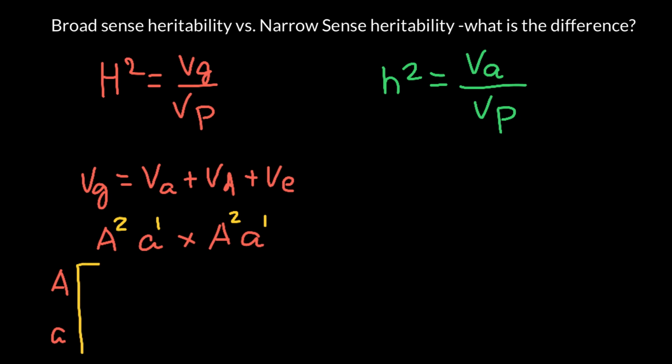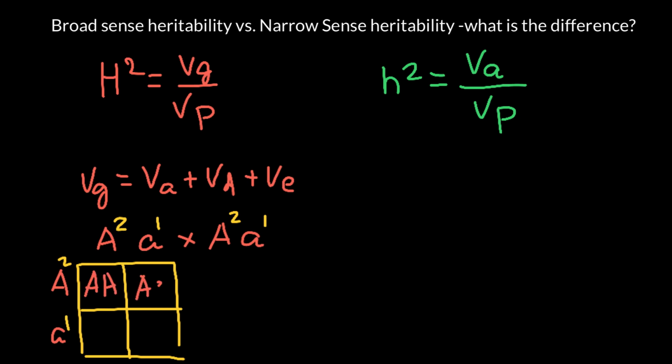Now let's make a Punnett square, and let's see what results such a cross produces in the next generation. Once again, dominant allele adds 2 centimeters and recessive 1 centimeter. So here we are going to have homozygous dominant genotype, heterozygous, and homozygous recessive.